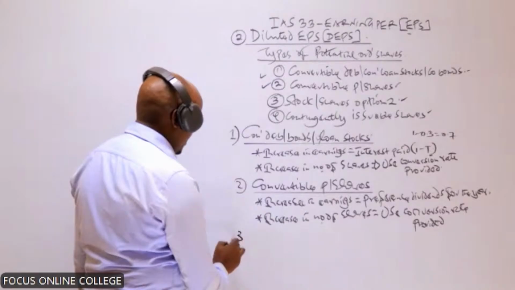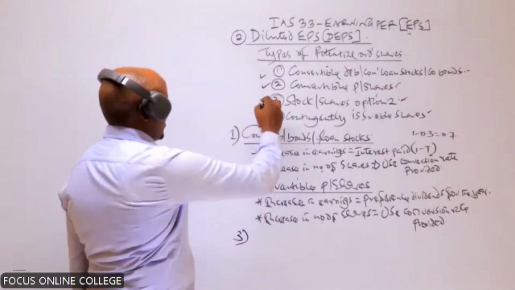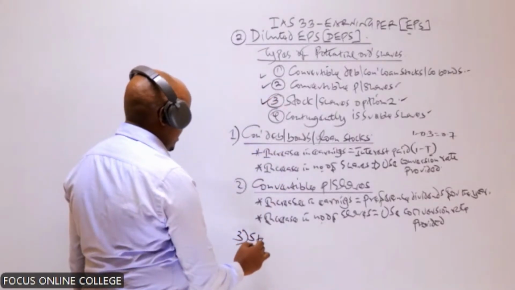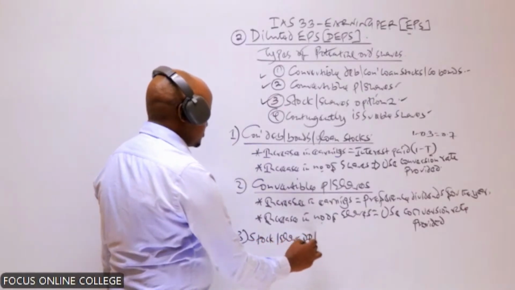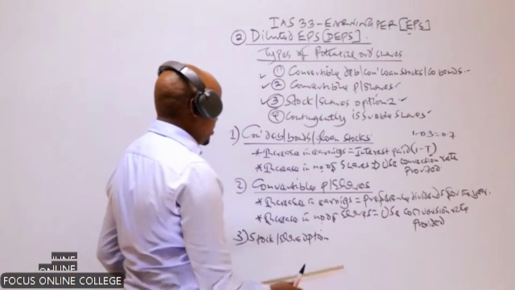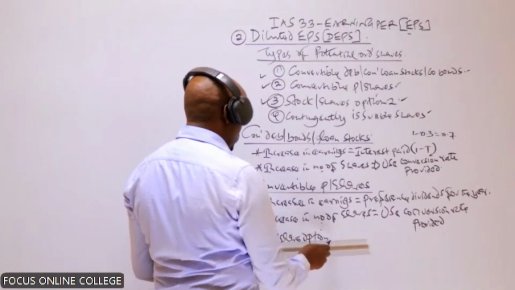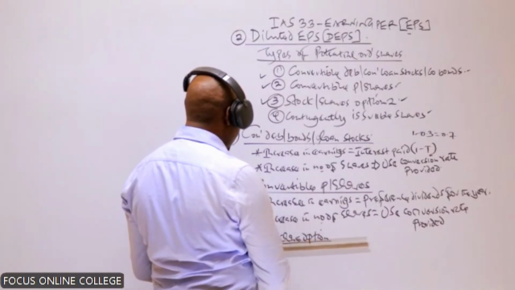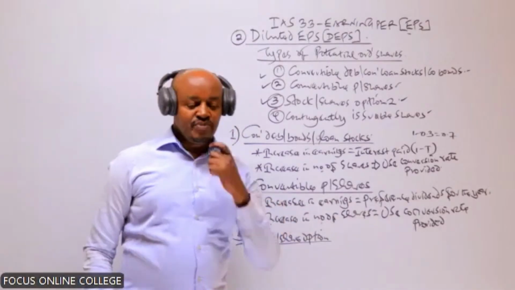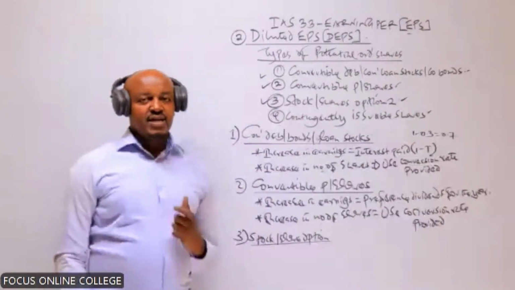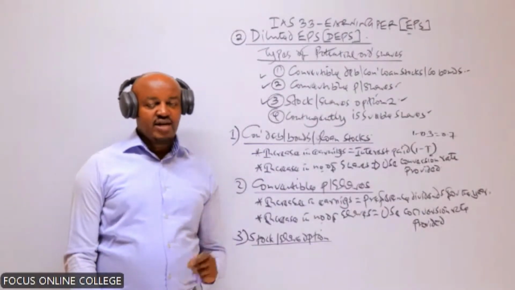The other potential ordinary share, that is number 3, is the stock or the share option. So what do we mean by the stock or the share option? This is something we discussed yesterday when we were looking at how we compute the basic earnings per share.